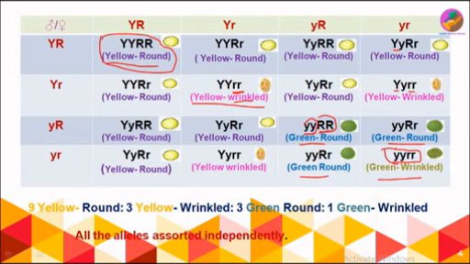Any combination that is there, they will assort independently. So this is called the law of independent assortment. Here you can see 9 yellow round, 3 yellow wrinkled, 3 green round and 1 green wrinkled plants, or seeds, have been produced. All these alleles can be seen here assorted independently. So this law is called the law of independent assortment.